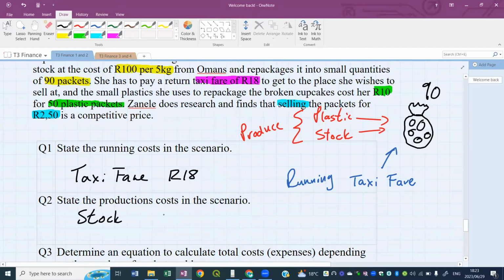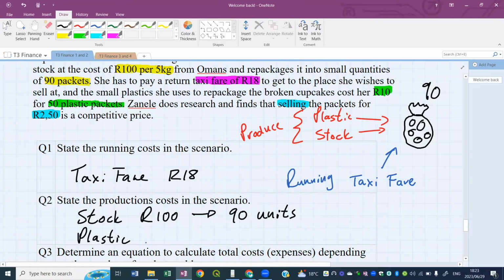which cost 100 Rand. Don't worry about the 5 kilogram parts, because this young lady who's selling doesn't worry about the mass. It's just an item. Okay, so it's 100 Rand, and this gives her 90 packets. All right, 90 units. Then there's also the plastic.